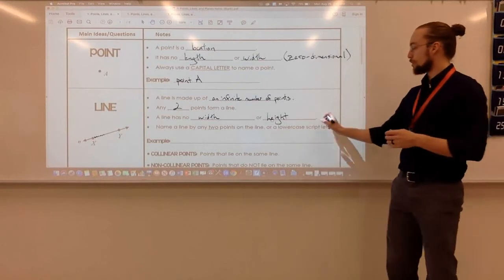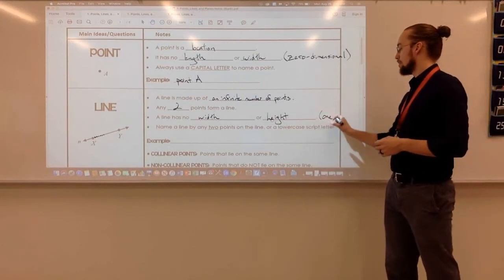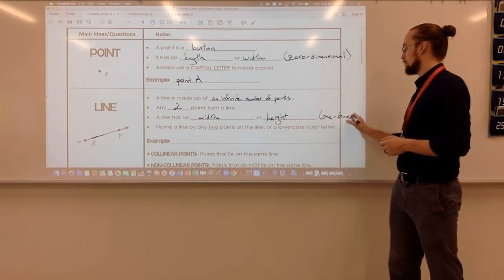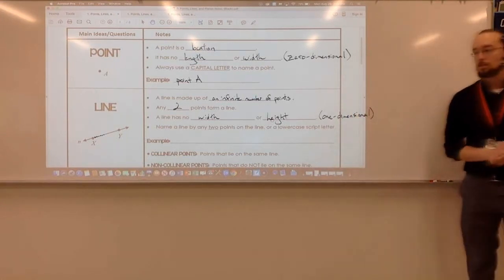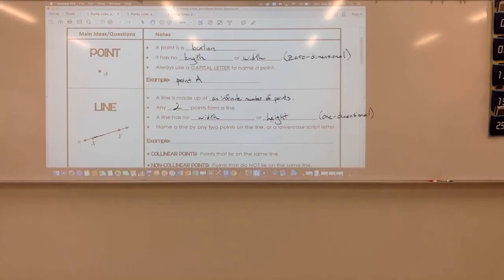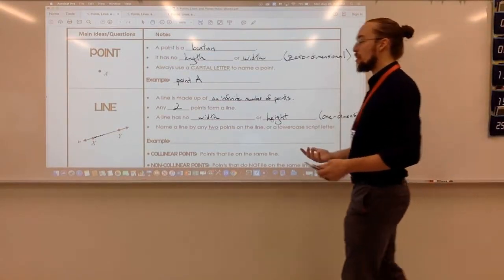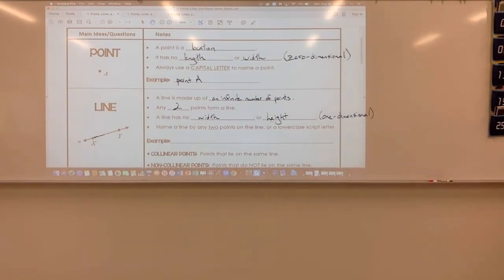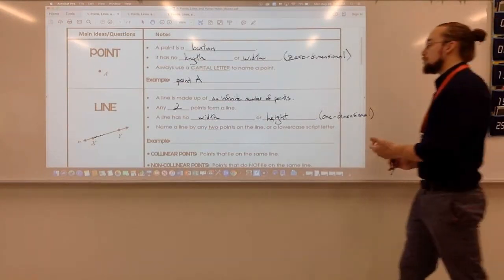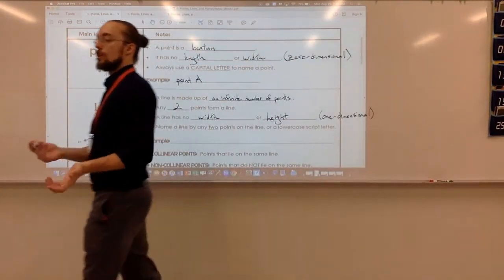In other words, it is 1 dimensional. We can say that a line has length, but maybe not width or height. It has 1 dimension. And as far as naming a line, we choose any 2 points on that line.